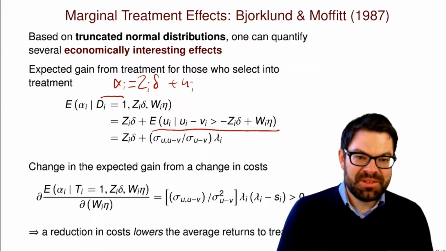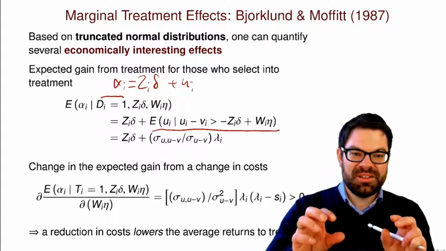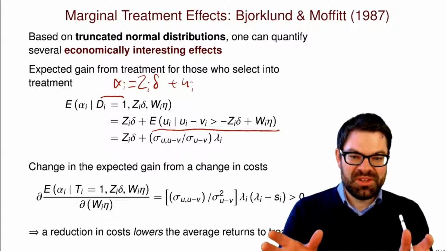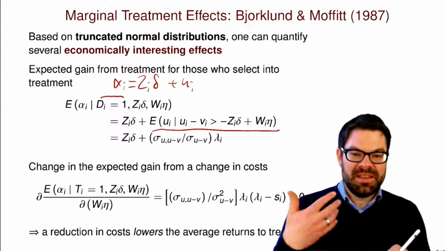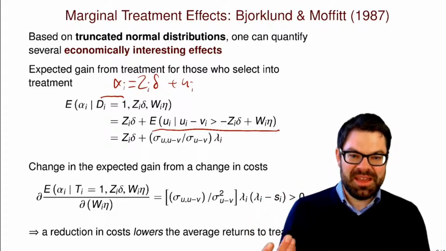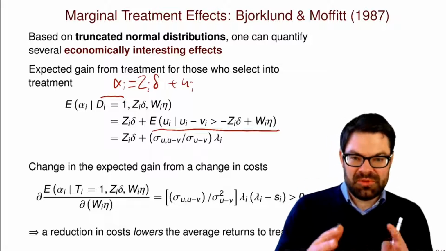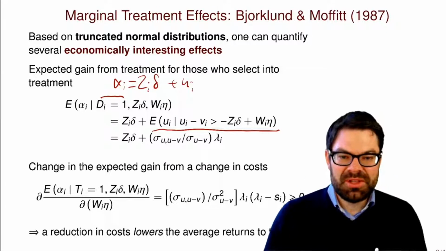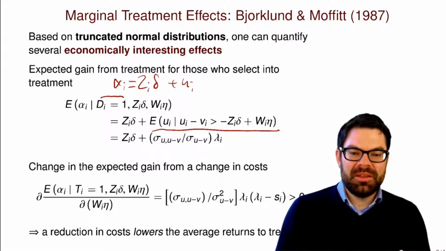If we assume that the difference between those two idiosyncratic components is normally distributed, we can establish the inverse Mills ratio and compute that expectation. We know what that expectation is. How to compute that, we can do in a tutorial.